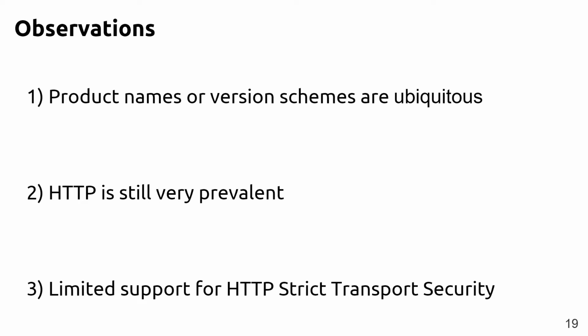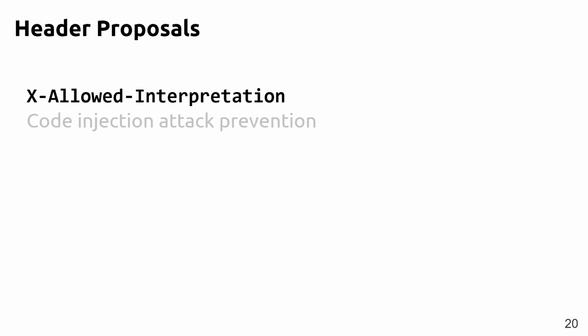And for that purpose, we would like to discuss two new header fields. The first header field, X-Allowed-Interpretation, declares whether it is safe to process the received data with interpreters for a specific computer language. I will now show three corresponding header field values that illustrate the use of such a feature in your application.